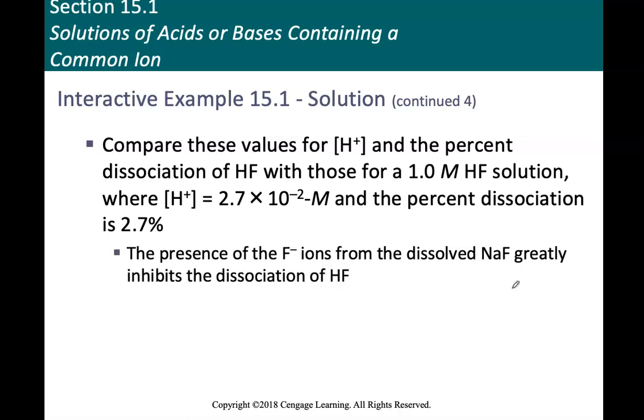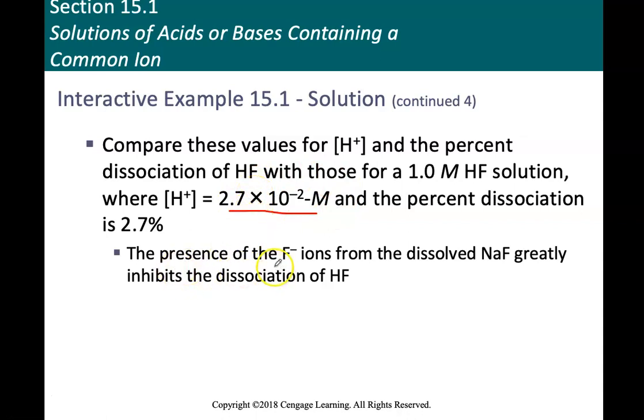So compare these values of H plus and the percent dissociation of HF with those of the 1 molar HF solution, where H plus is 2.0 times 10 to the power minus 2. So without the addition of salt, this was the concentration.